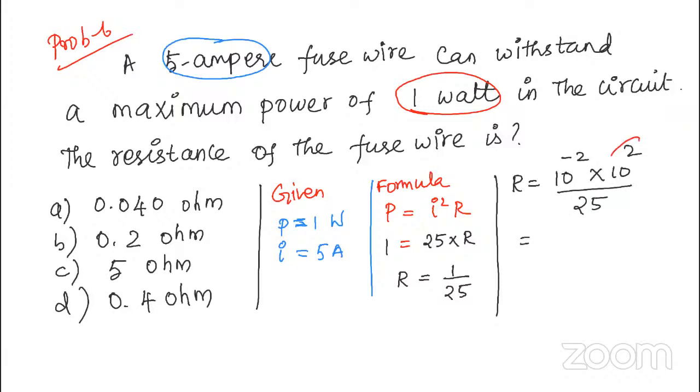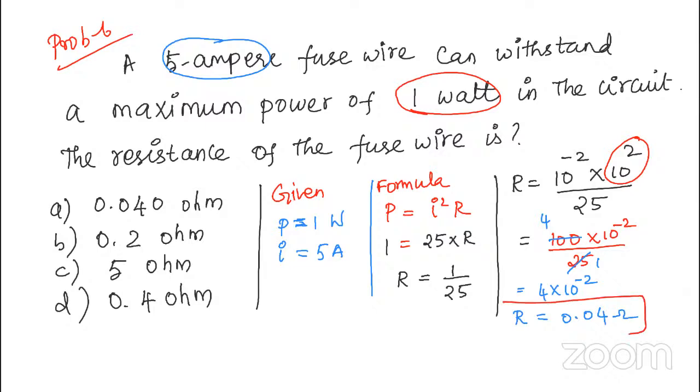So 10 power 2 we can write as 100 into 10 power minus 2 divided by 25. So this is 1 time and this is 4 time. So it comes, it is 4 into 10 power of minus 2. For 10 power of minus 2, 2 digits should come in front. So R value is equal to 0.04 ohms.